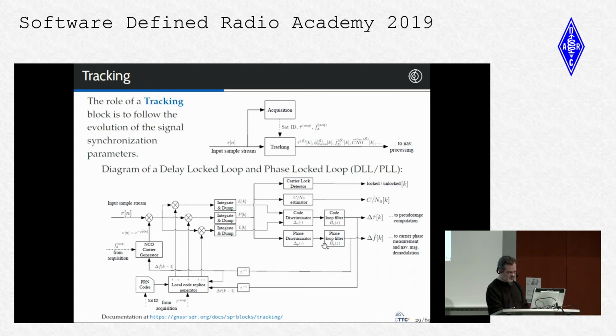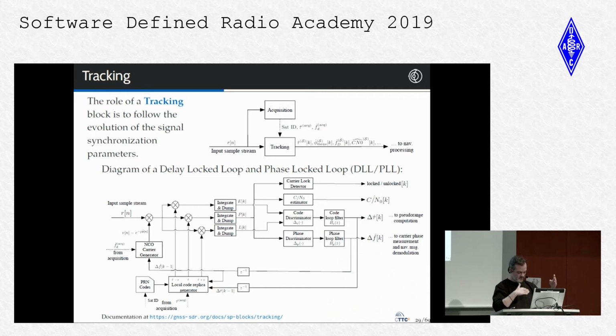And we reinject this error to a numerically controlled oscillator that is applied to the input signal. So this closes the loop, and this is how a synchronization loop works in order to track these satellite signals and know what the differences in time of arrival are for each of them.